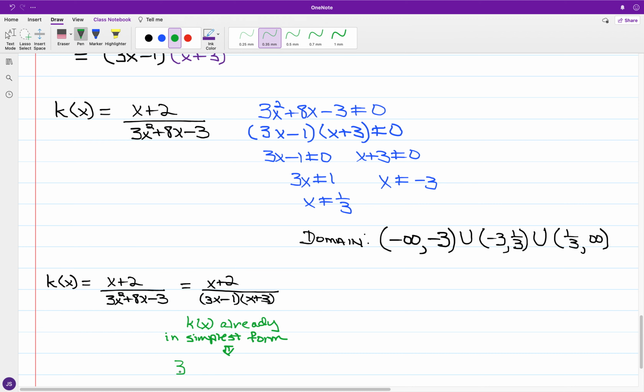They're not going to cancel out. So this means that we have not one but two vertical asymptotes.